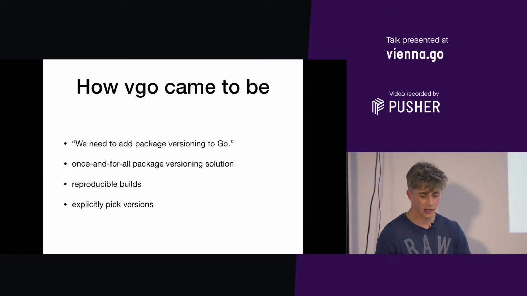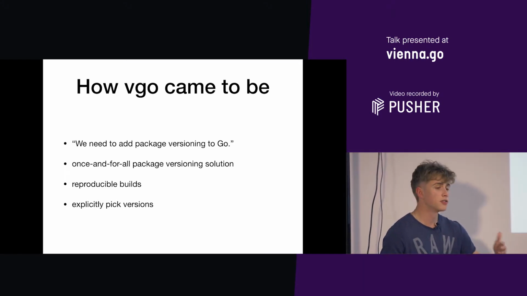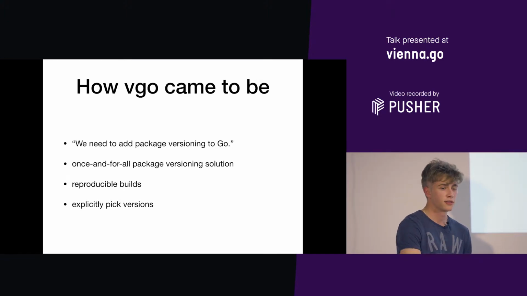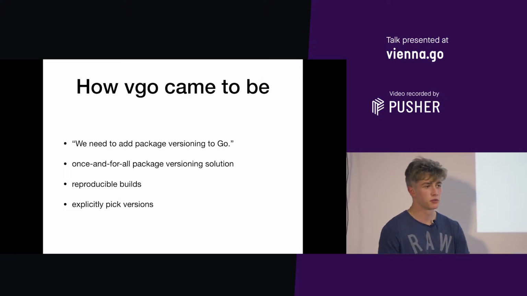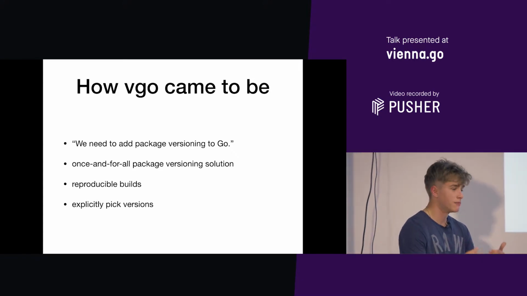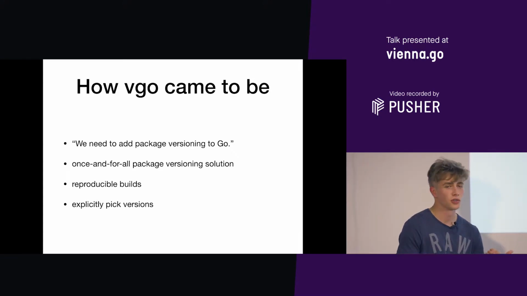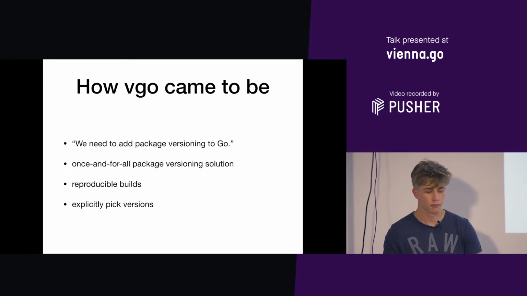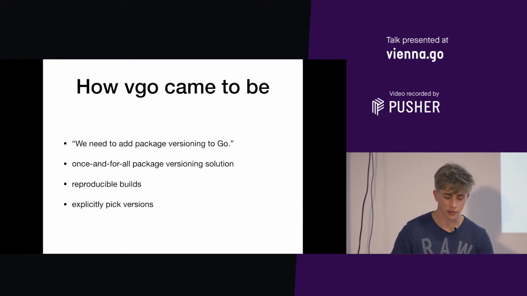That is currently not always the case, because if I update my dependencies tomorrow with go get, there's no guarantee I get the exact same version that I had yesterday. So it might break my entire program if that happens.